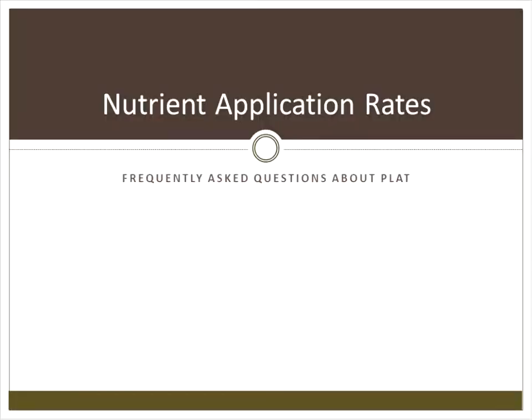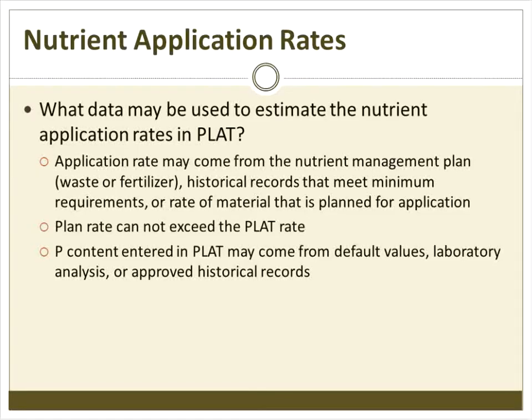Nutrient application rates. When you estimate the nutrient application rates in PLAT, you basically already have to have written your nutrient management plan. It's kind of a chicken-egg thing. You're putting typically your nutrients on at a nitrogen rate.